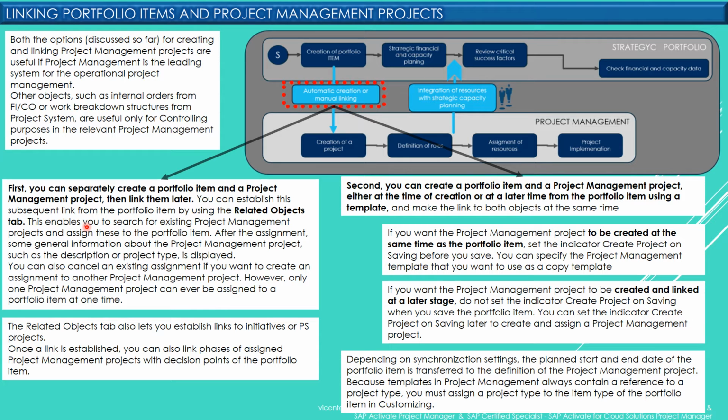We can link phases from the operational project with decision points in the portfolio item. And again, to make that relationship, we can use the Related Objects tab as well.